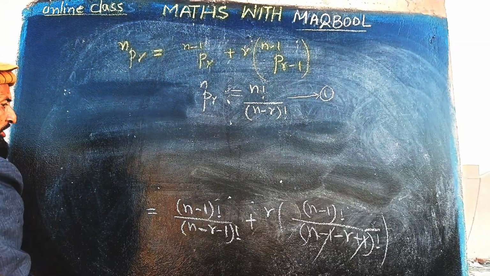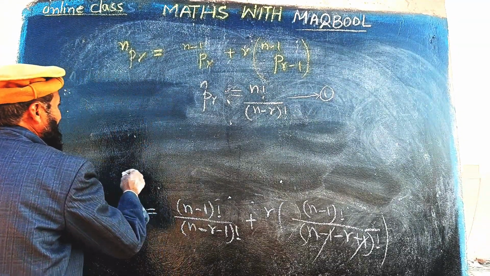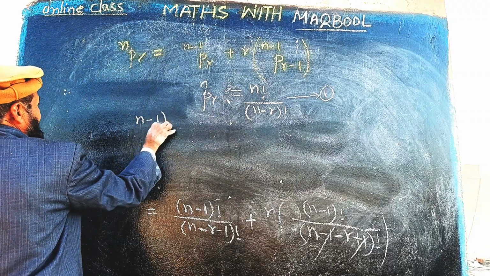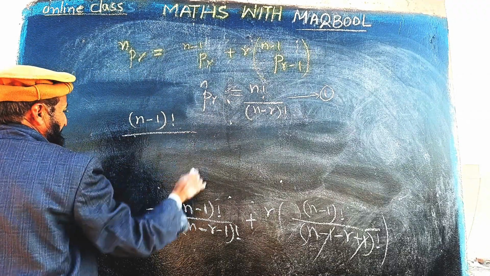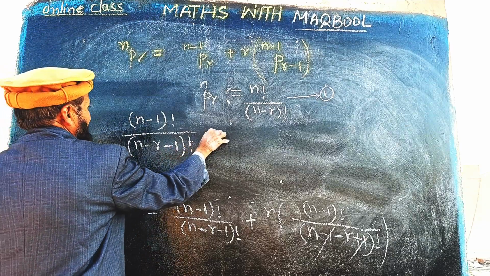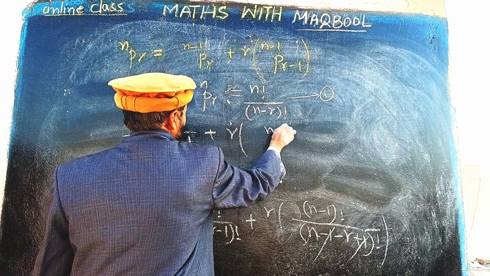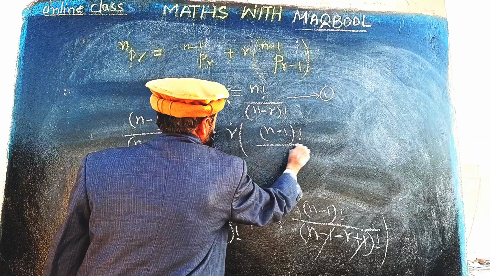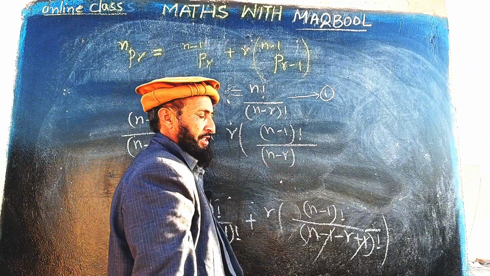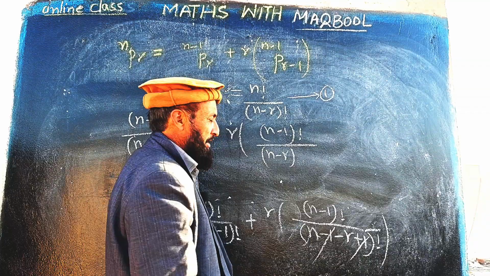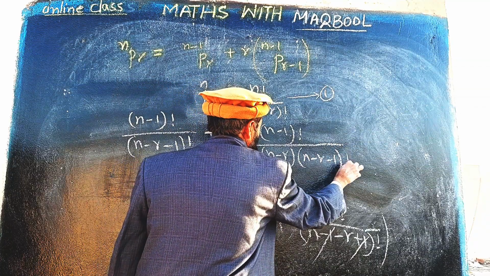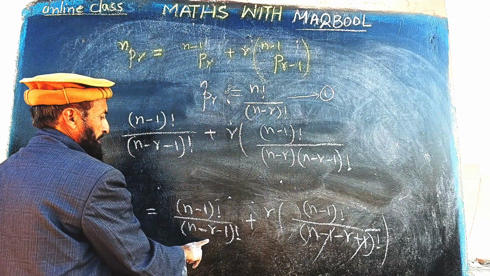Now we are proceeding to the next steps. We expand this term also: (n-1) factorial divided by (n-r-1) factorial plus r times (n-1) factorial, and expanding this term, consider it as n minus r, so (n-r) times (n-r-1) factorial.